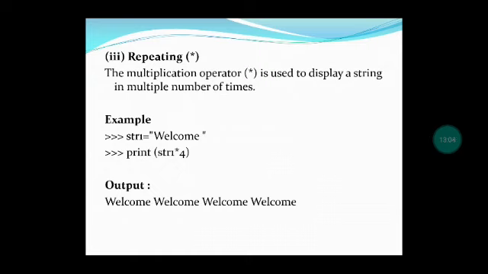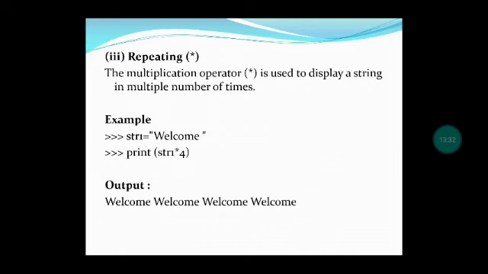Let us see the example for that. String 1 equal to welcome, print string 1 star 4. So what is in string 1? Welcome. How many times will it be repeated? 4 times. So what will be the output? Welcome, welcome, welcome, welcome. So 4 times it is repeated. If you give 10, it will show 10 times. If you give 2, it will show 2 times.